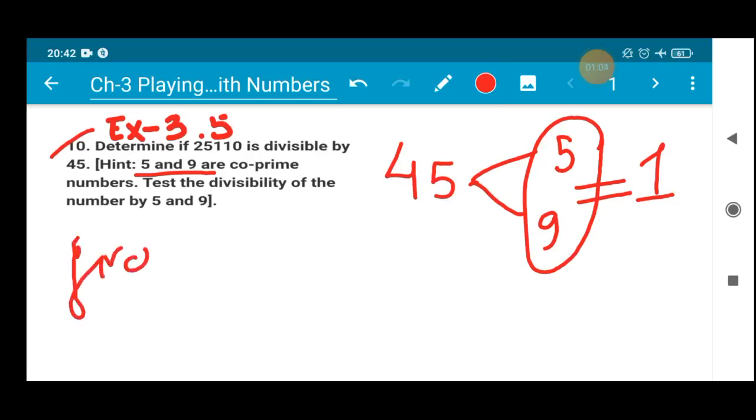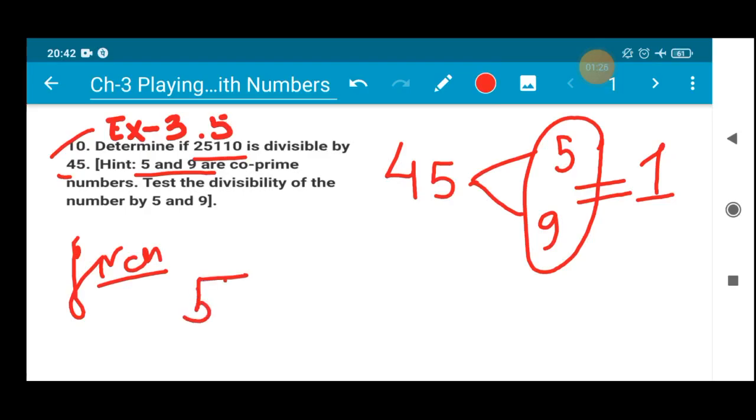What is given in the question? We have to check whether 25110 is divisible by 45 or not, and we have not done any such divisibility test rule for 45, right? So in order to check, we will be checking the factors.